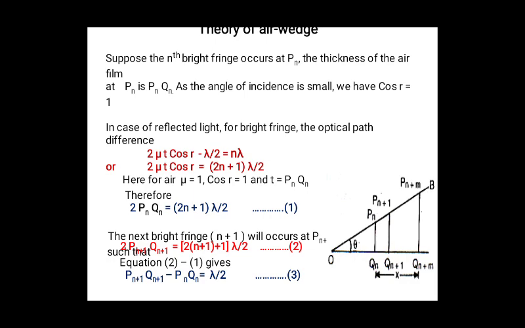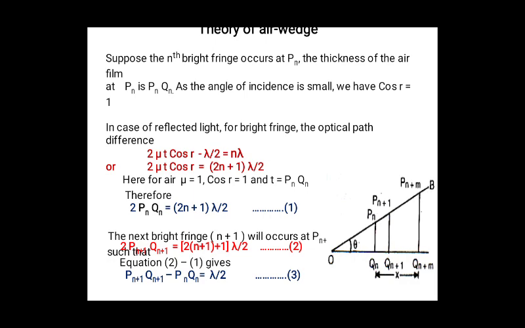Here, for air, mu is equal to 1 and cos r is equal to 1 and t, the thickness of the film, is PnQn. Therefore, substituting these in the above equation, we get 2 PnQn is equal to (2n plus 1) lambda by 2.